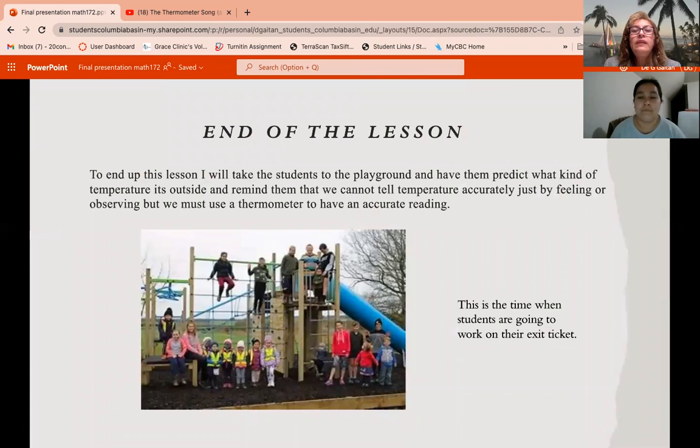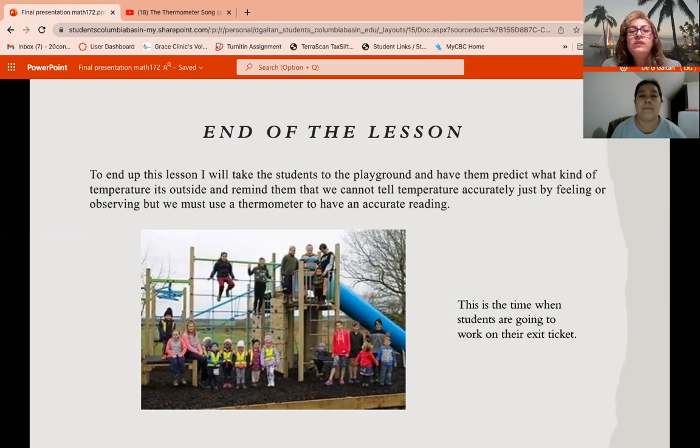Well, guys, to end the lesson, a group of students is going outside to the playground to predict the temperature and compare it with the real temperature in the classroom. So let's go outside.